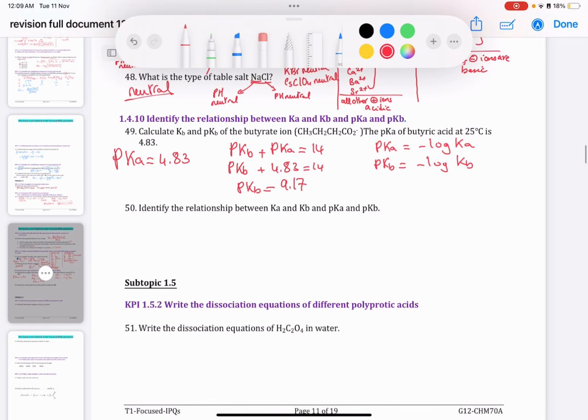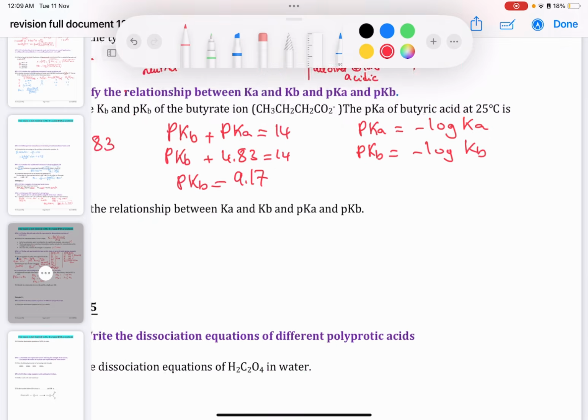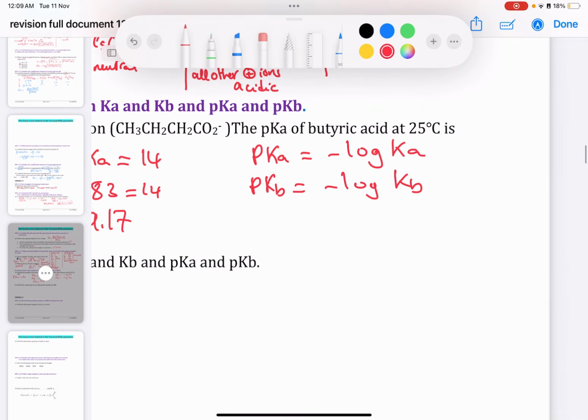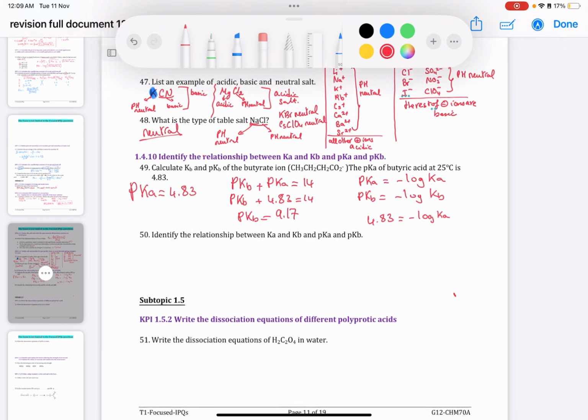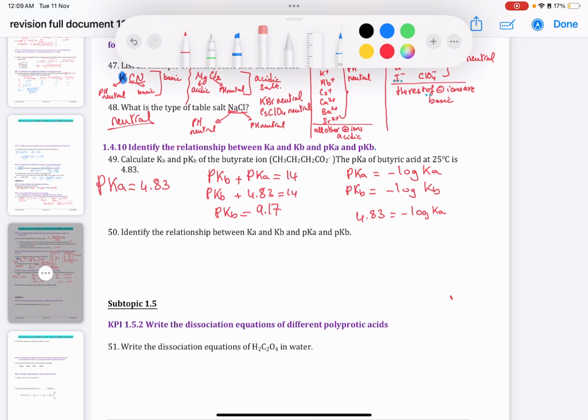So let's substitute. I'm going to use this space over here. pKa, which is 4.83, equal minus log Ka. And we're going to solve to find that Ka. Here they didn't ask for Ka, so I don't have to do this step. They just ask for Kb.